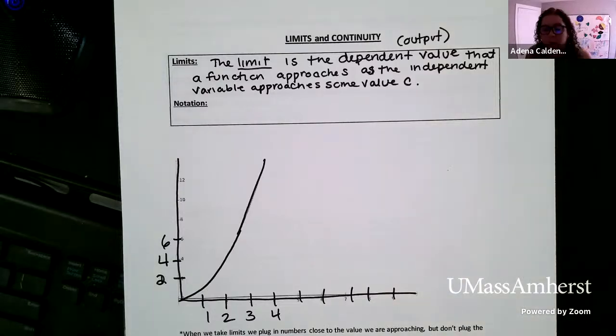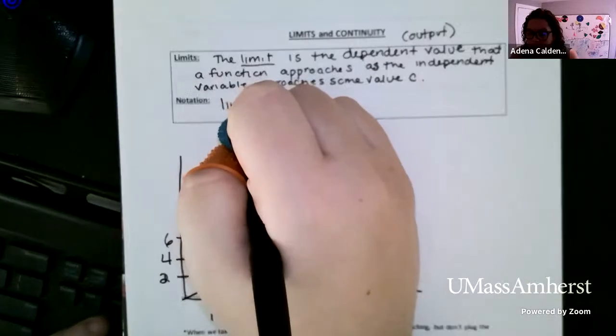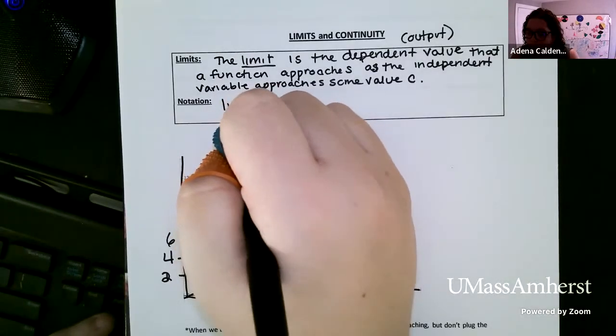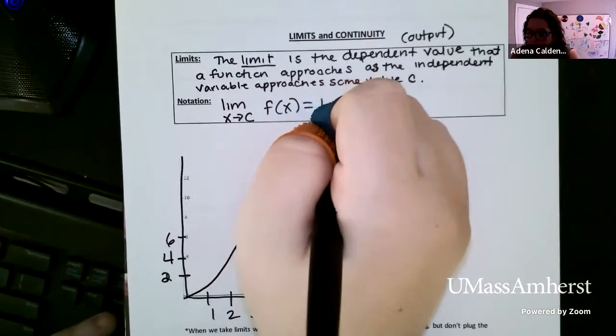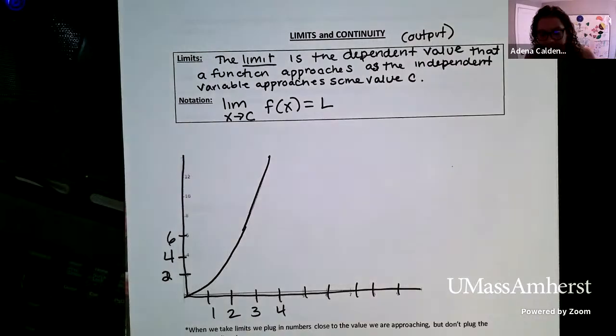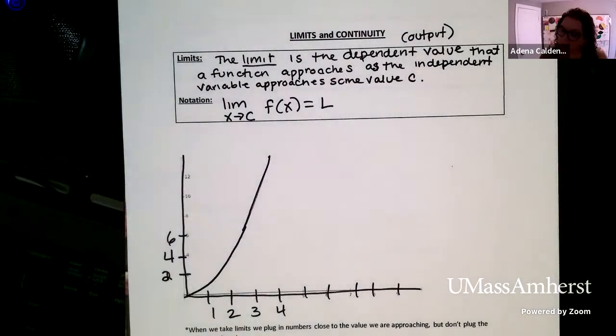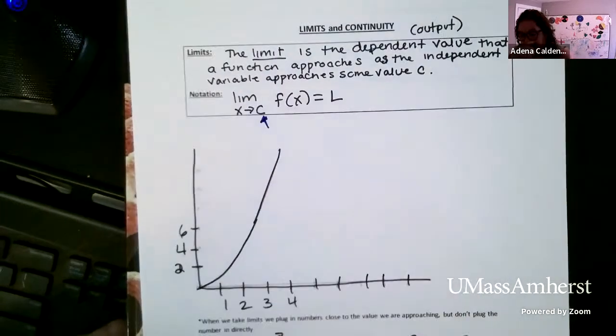Okay, and so the mathematical notation for this is the limit as x approaches c of f of x equals L. Okay, so lim is limit, and then this c is going to be a number.